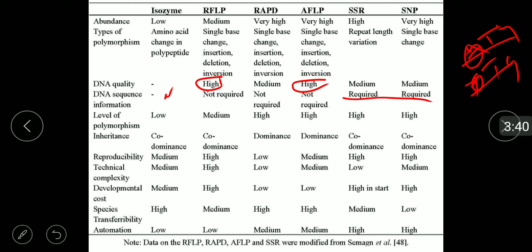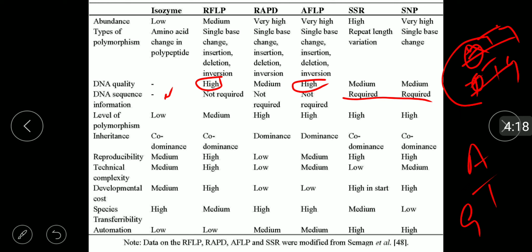If you want to see repeat length, we should check the SSRs and know the sequence, and only then can we say how many times it is repeated. The same goes for a single base change, where A is replaced by T or G: we should have previous information about the DNA sequence of that genotype. Then only can we find the SSRs and SNPs.